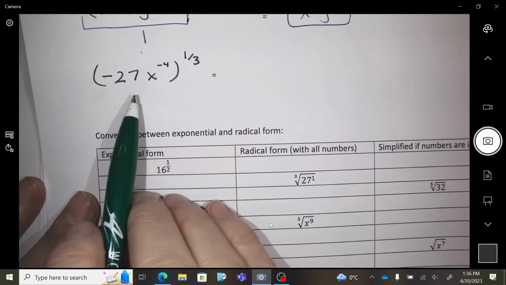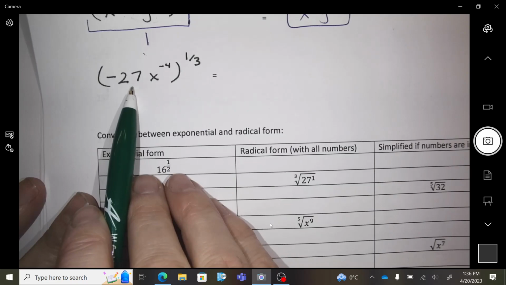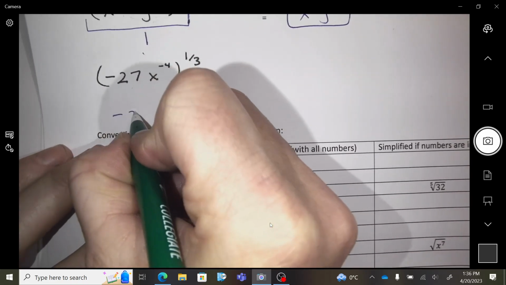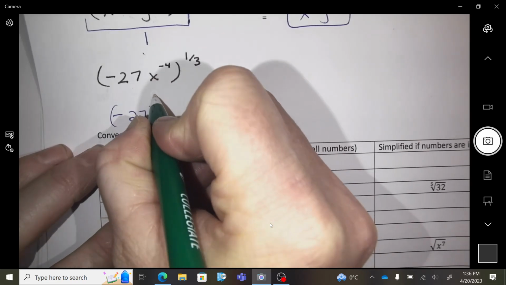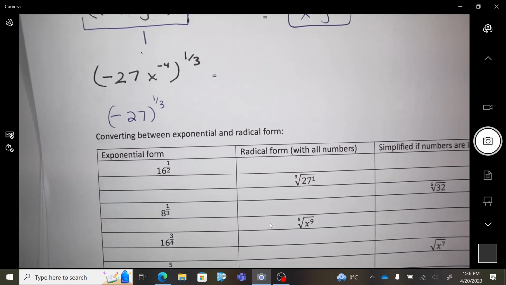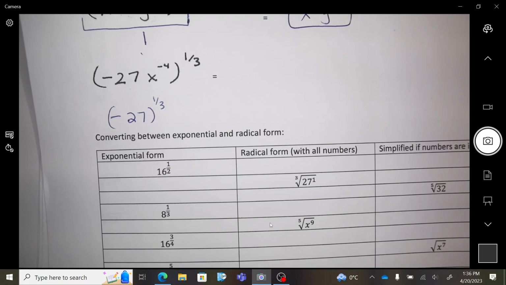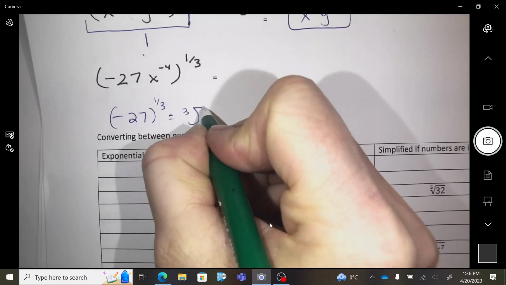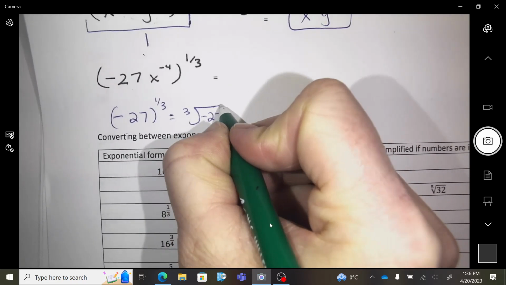Okay, ready. The coefficient gets the normal math. So here's the normal math. I have to do the math on that. AKA, what is the cubed root of negative 27?